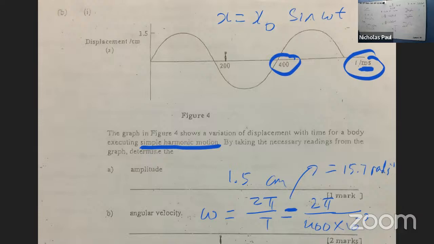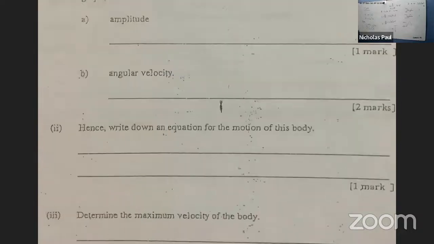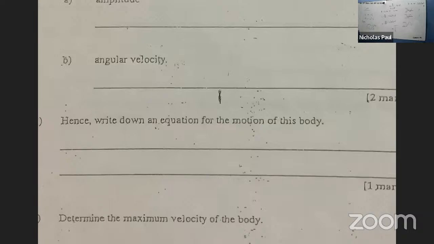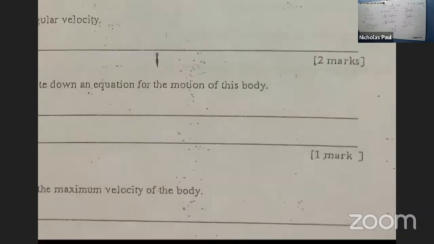All right, next one. Write down an equation for the motion of the body, and then use it to find the maximum velocity.